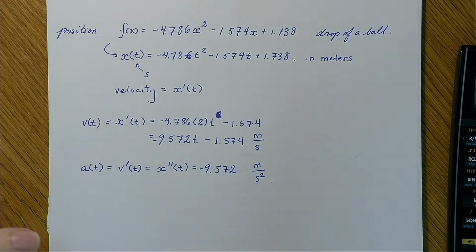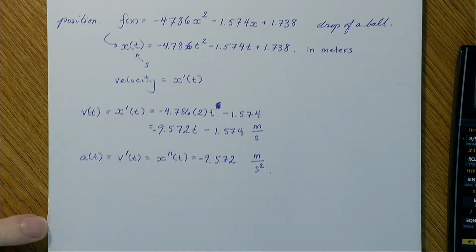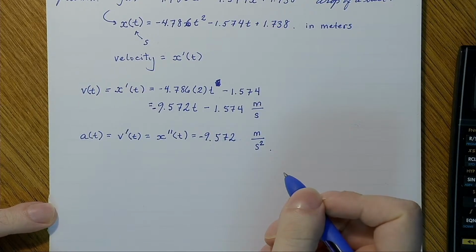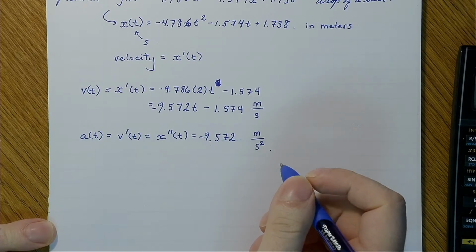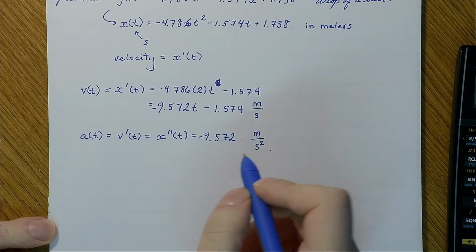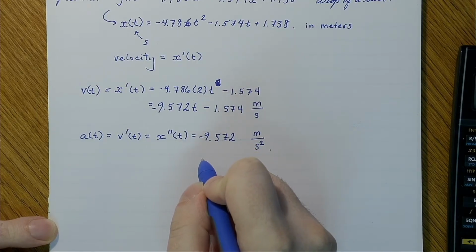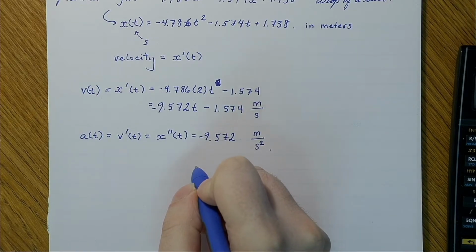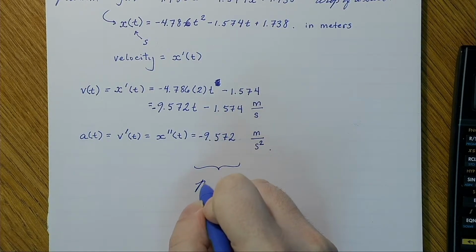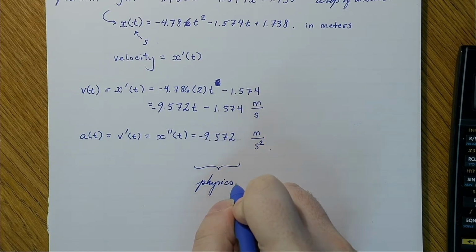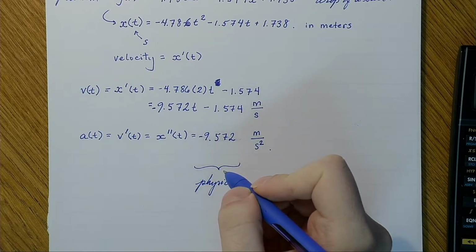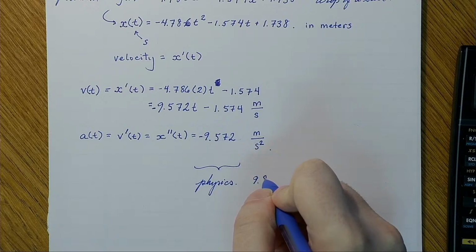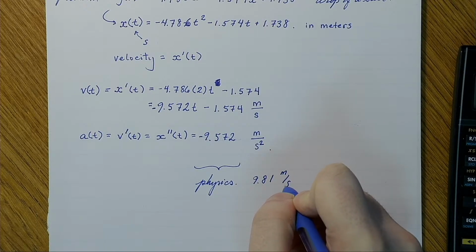Excellent. Okay. Now, some people might look at that and there is a little bit of experimental error. That's why I'm thinking maybe it's the timing that's a little off. I know, for instance, from physics, that the acceleration due to the Earth's gravity is approximately 9.81 meters per second squared.